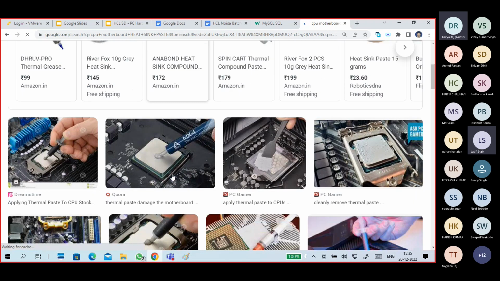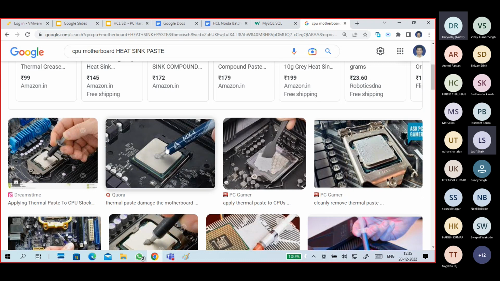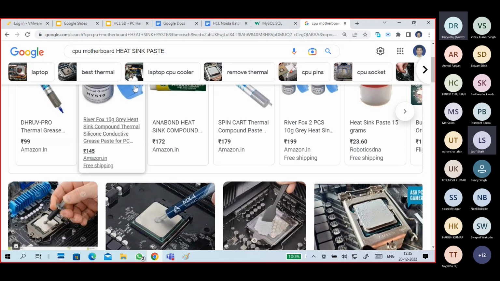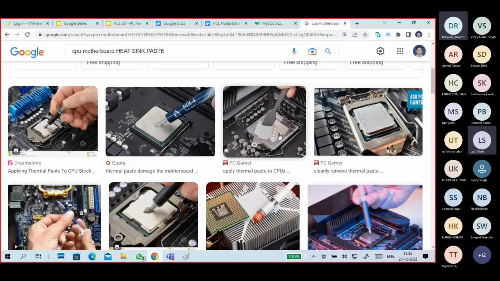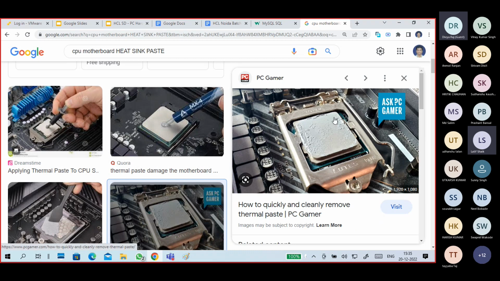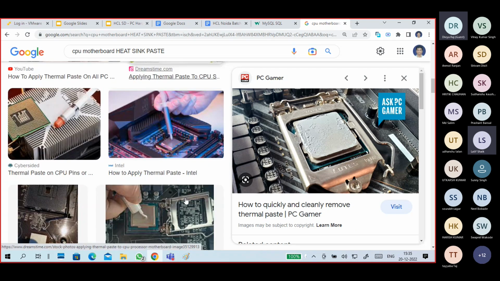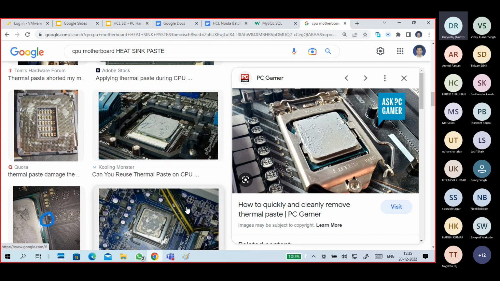Next one is heat sink paste, or thermal paste, or thermal compound. Actually, they call it thermal compound. On the processor, they apply this thermal compound, and on top of it they put the heat sink and heat sink fan.